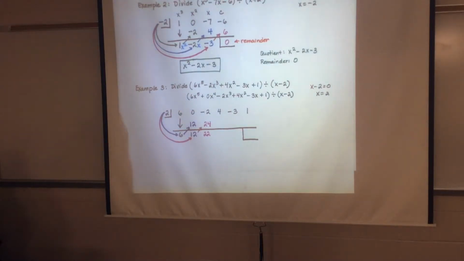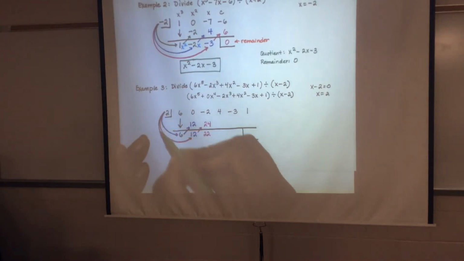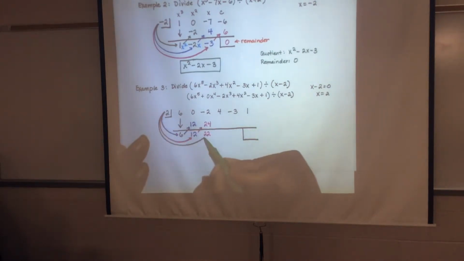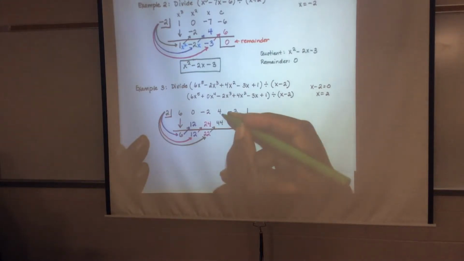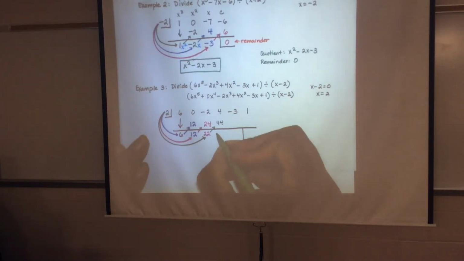And then next, I'm going to take that 2, multiply it by this 22 right here. Take your divisor, multiply by the next number. 2 times 22 will be 44. That 44 goes underneath the 4. And add 4 and 44 together, you're going to get 48.